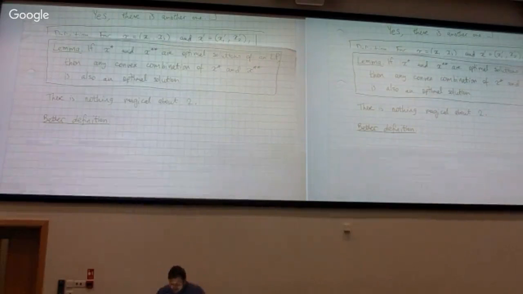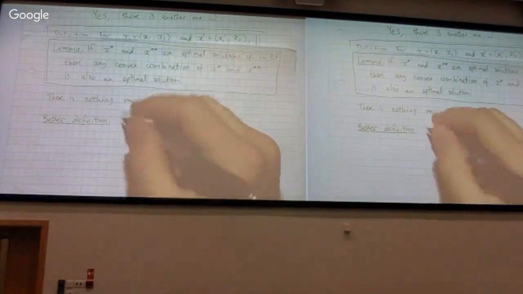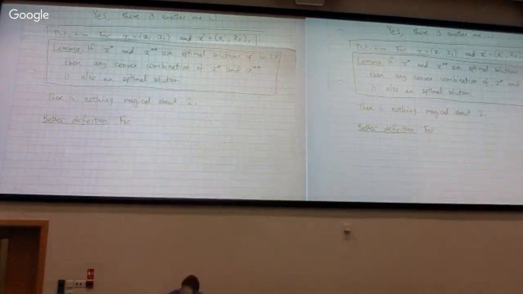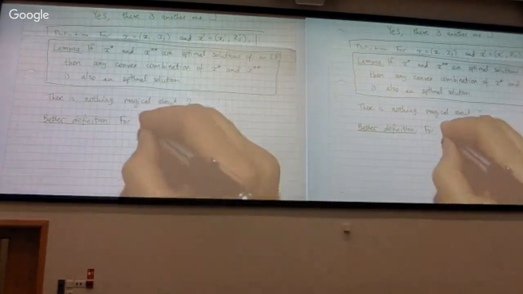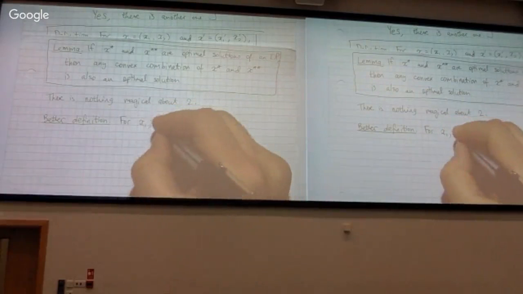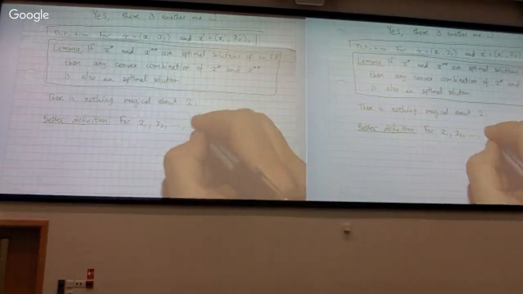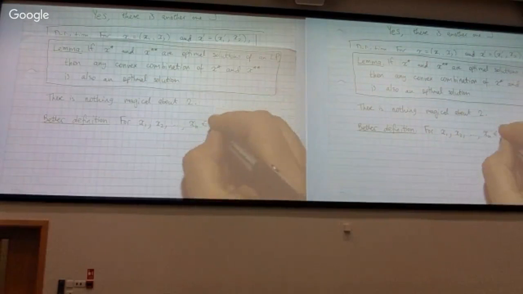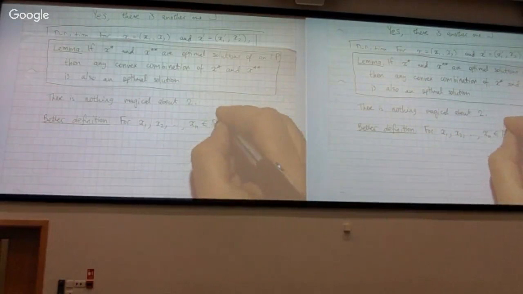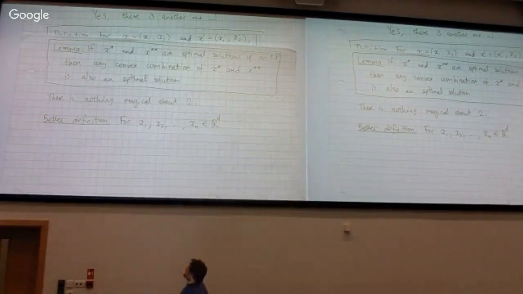Okay, so that's a definition. So let's take x1, x2, up to xn, vectors that are d-dimensional. So each of them has d entries.